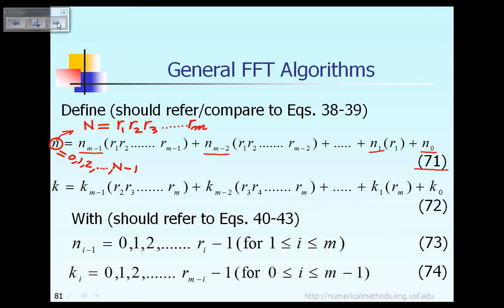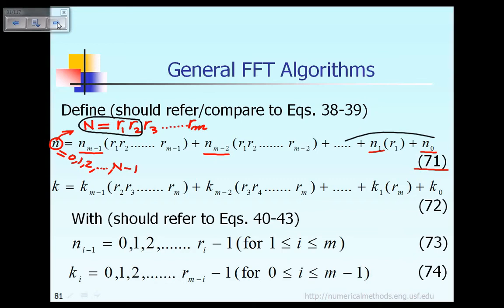In case you forgot, in the situation where capital N is the product of only R1 times R2, the formula shown in equation 71 will involve only a few terms instead of so many terms as indicated in equation 71.